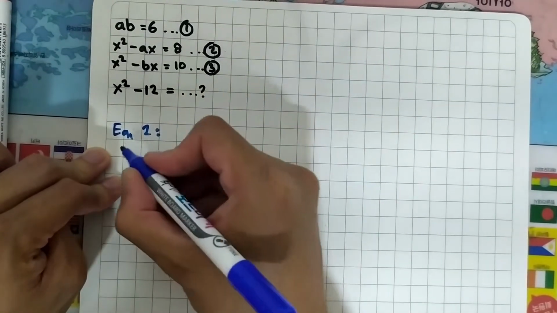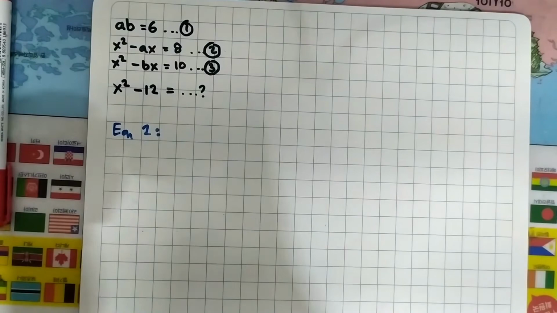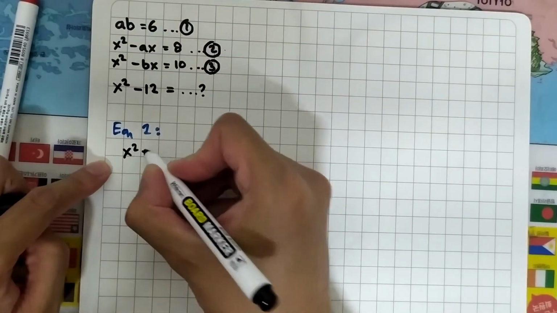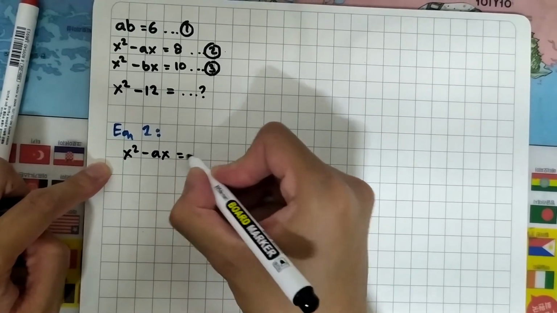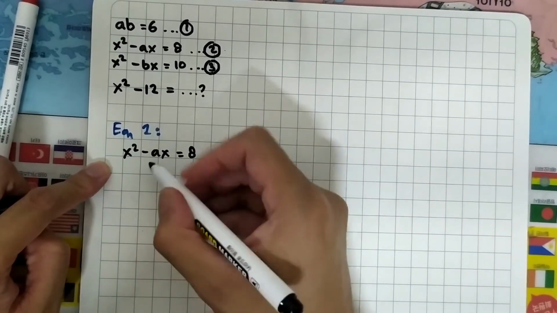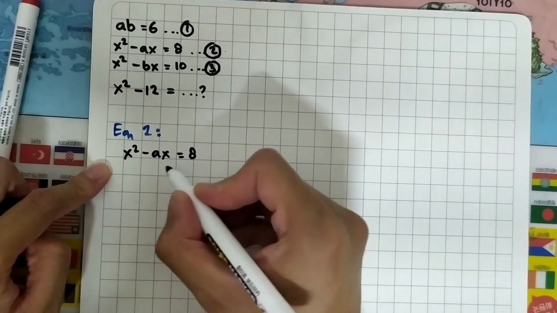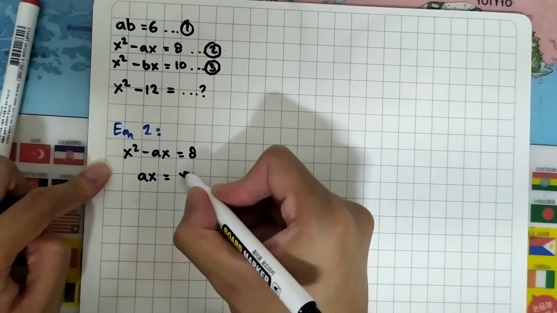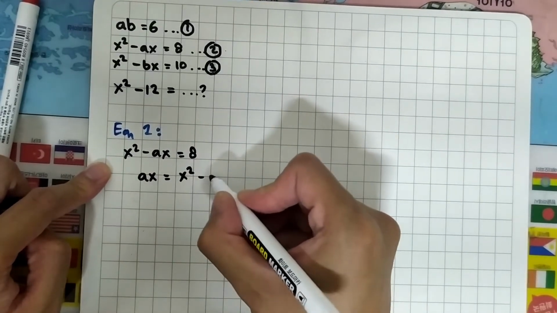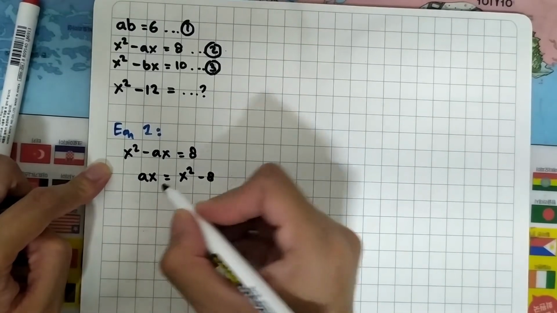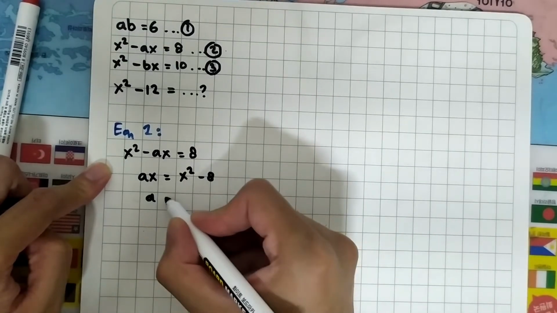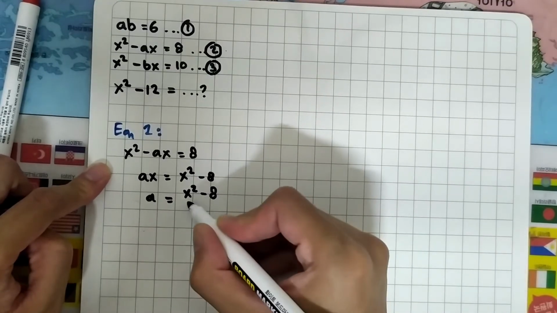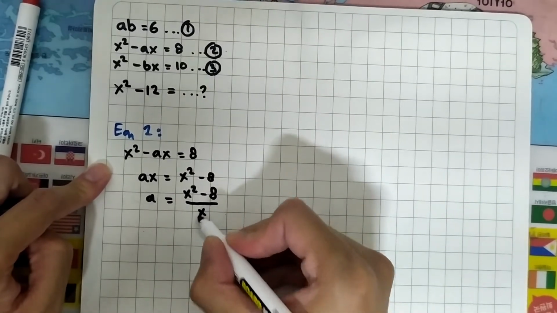Equation number 2 is x squared minus ax is equal to 8. So we have ax is equal to x squared minus 8, and thus a is equal to x squared minus 8 divided by x.